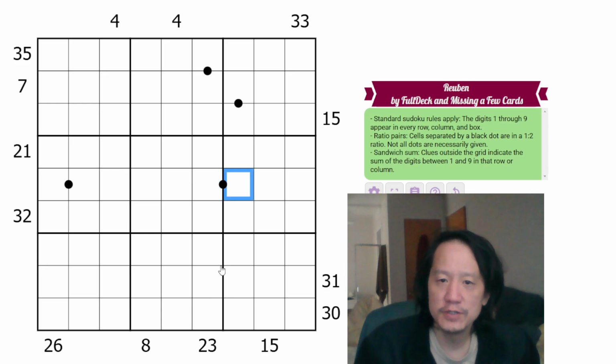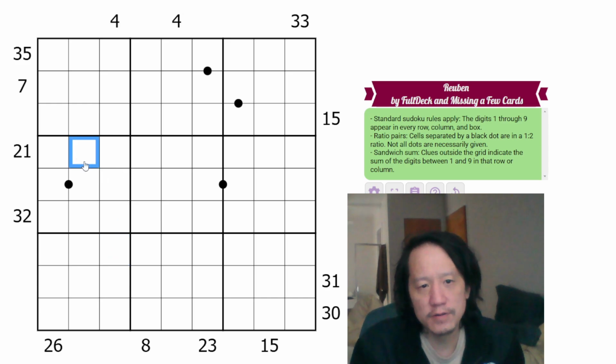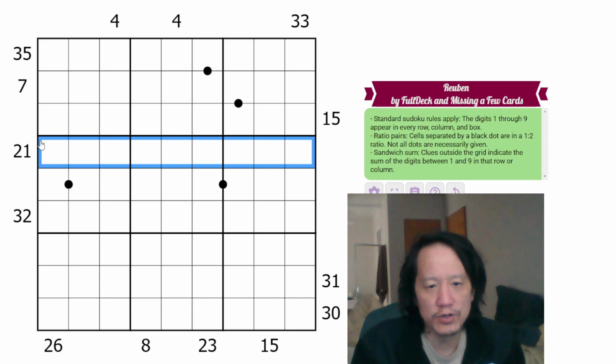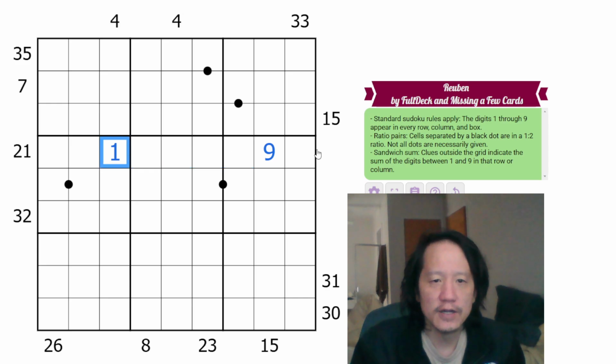Sandwich sums. Clues outside the grid indicate the sum of the digits between 1 and 9 in that row or column. As an example, let's look at this row. Say we randomly put a 1 and a 9 here and here.